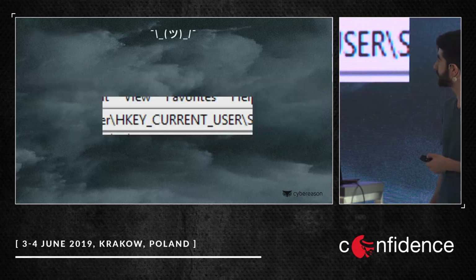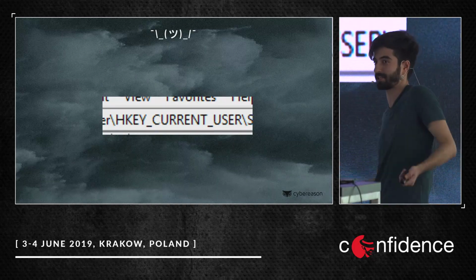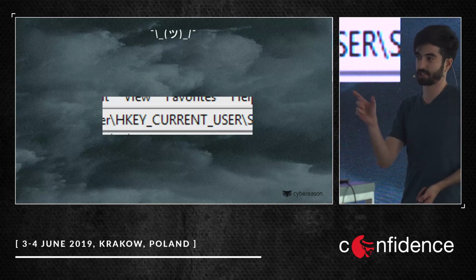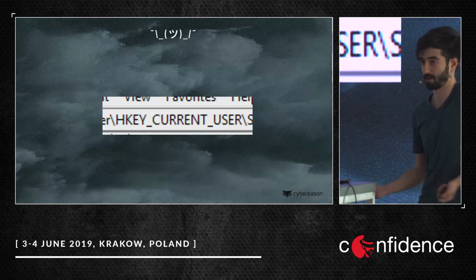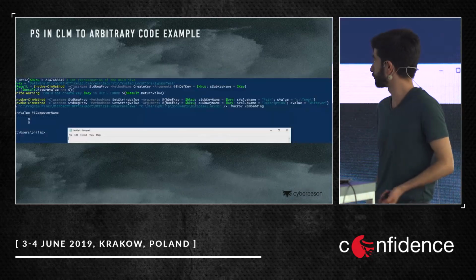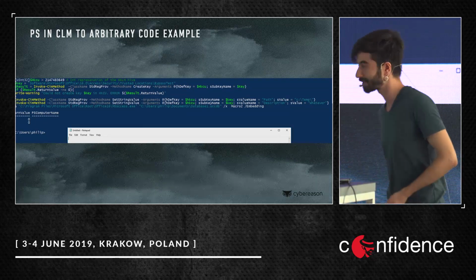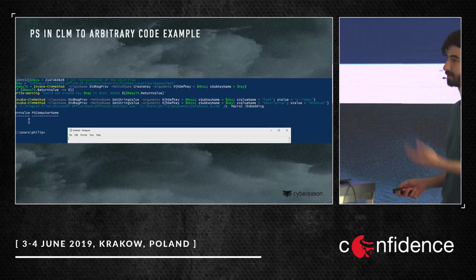This is found in HKCU, which is writable by the current user, meaning that it does not really matter that this trusted location is writable by admins if the definition of the trusted location is writable by everyone. So all I need to do is to write my own trusted location, which I'm able to do because I am the current user. So I'm again using a bit of WMI magic, the same thing, just changing a registry key.